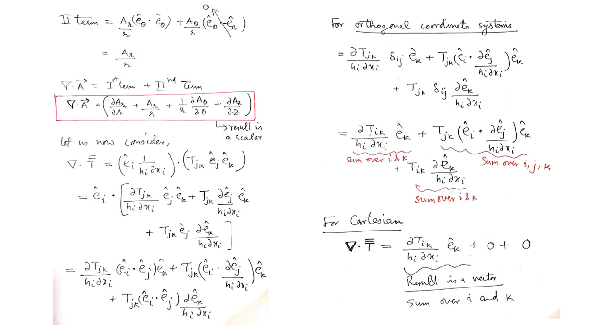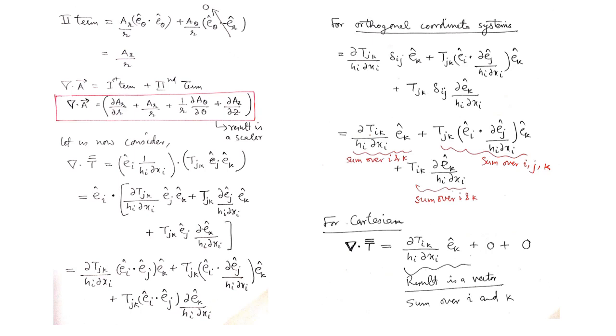So again the dot product is left to be considered later on. First, the partial derivative operator 1 over hi del by del xi is considered, and so the del is missing actually there, it's not correctly written. So 1 over hi del by del xi, and then that is operated over the tensor.